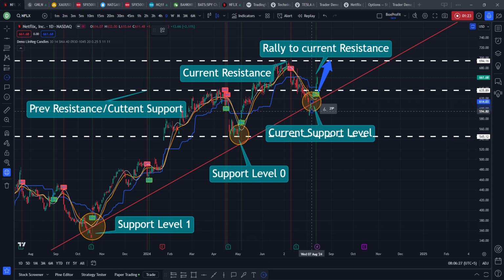And lastly, as far as trend analysis is concerned, we are going to touch on this point here, which also lies on the trend line, which is why it's also important for this analysis.